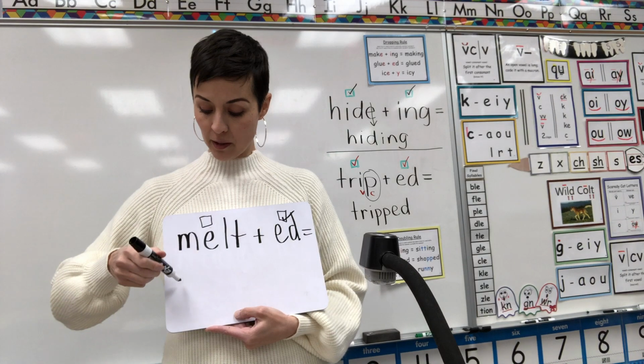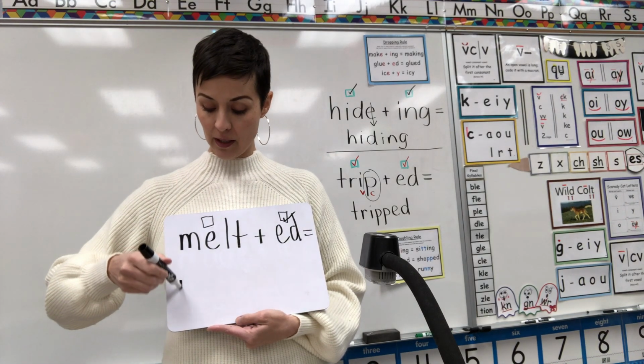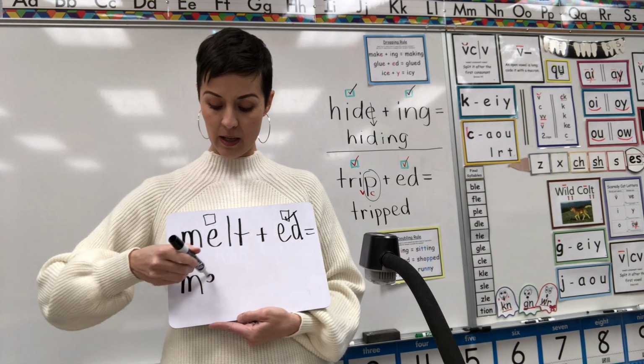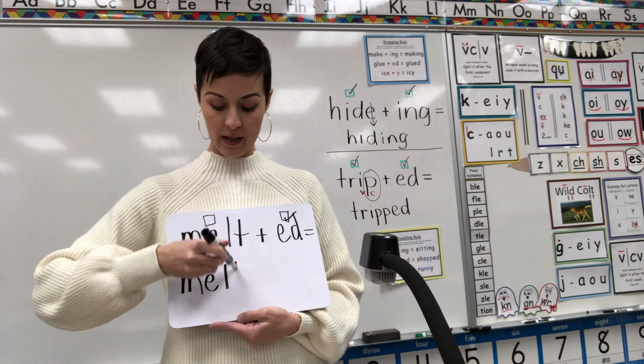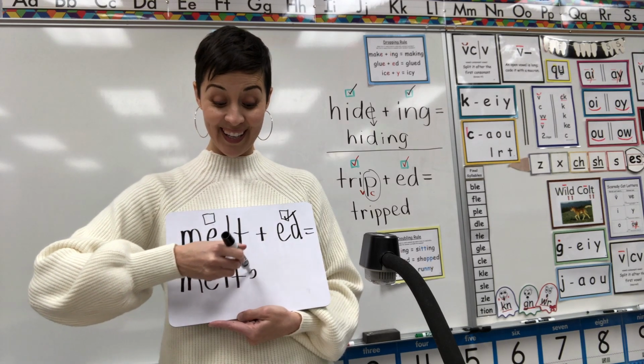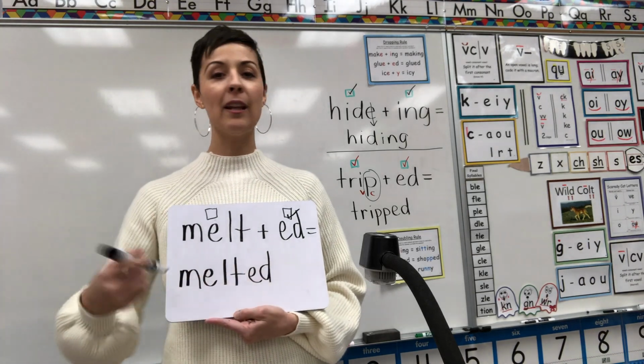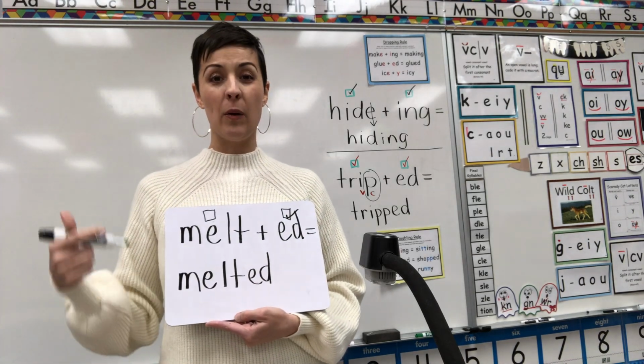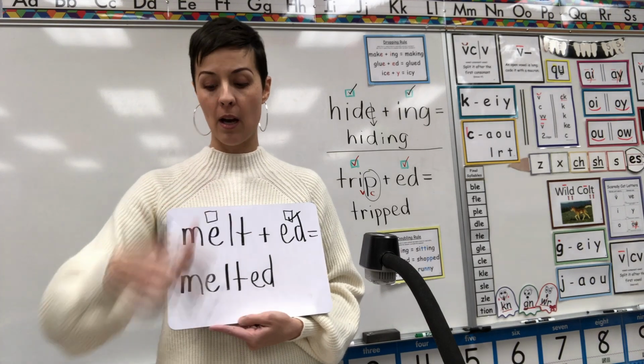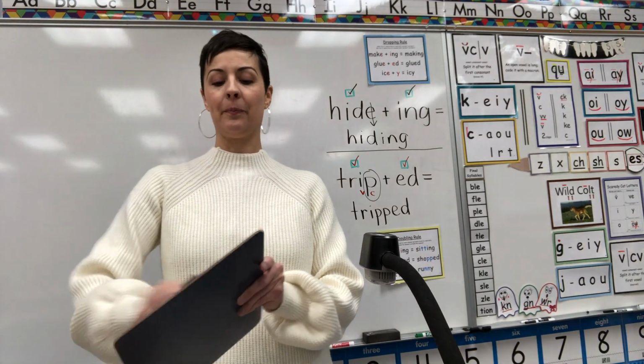Okay, will you spell melted for me starting M? Ready? Melted is M-E-L-T-E-D. Nice job. We didn't double anything. We didn't get rid of anything. We just left it alone because we did not have two checks. Erase, erase.